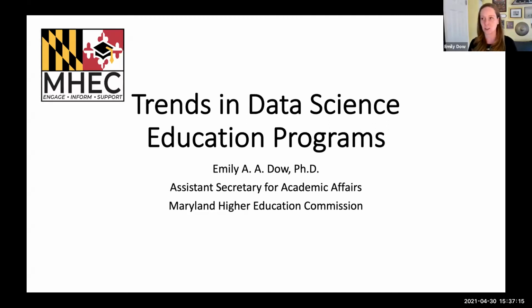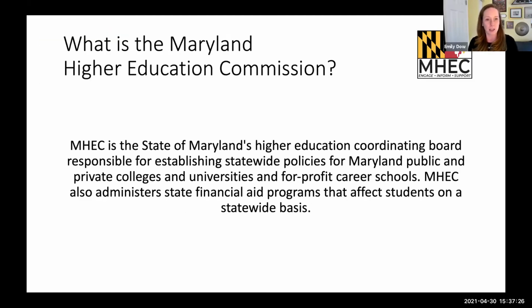As my introduction says, I am the Assistant Secretary for Academic Affairs at the Maryland Higher Education Commission. So you may not know who we are. Next slide. We are the state agency that oversees and regulates post-secondary education in Maryland.